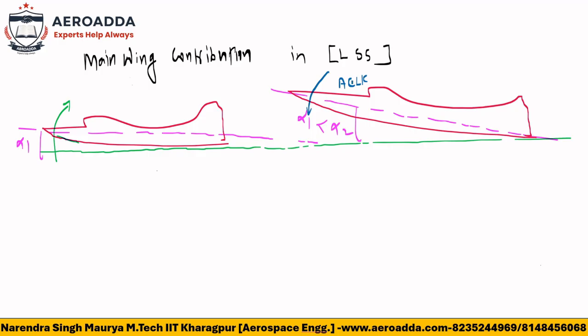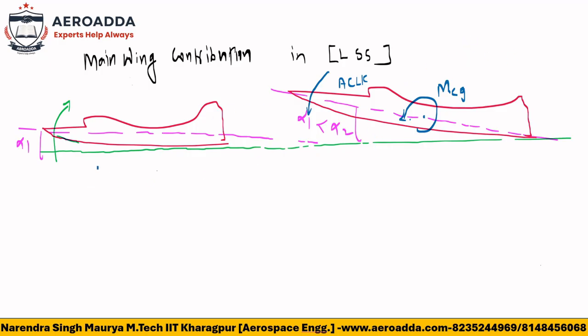So the pitching moment about the center of gravity, whatever it is generating, should be anti-clockwise, in the downward direction, and that should be the MCG. This moment will try to get the aircraft back to its initial position.